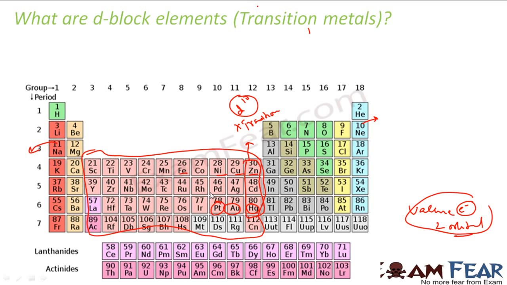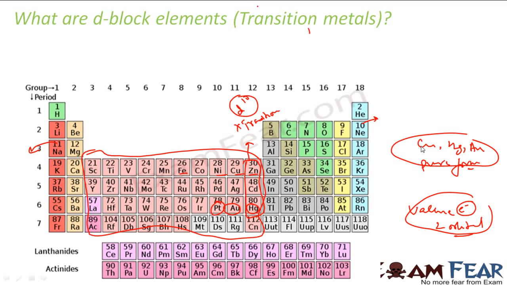Few of them are found in the pure state also: copper, silver and gold are typically found in pure form. But others are found in compound form because they react with atmospheric oxygen to form oxides. And few of them are very magnetic. For example, iron, cobalt, nickel are strongly magnetic.